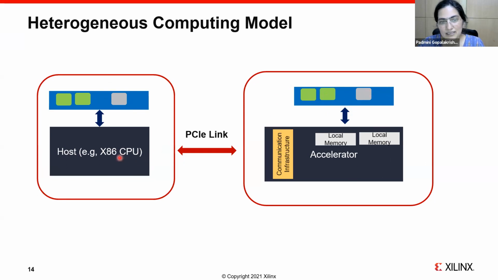And then the host will communicate. So the first thing that happens is data has to transfer. So my inputs will be transferred from the host memory to the global memory. Okay. At that point, the accelerator is ready to run.